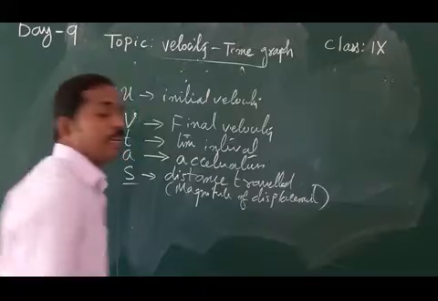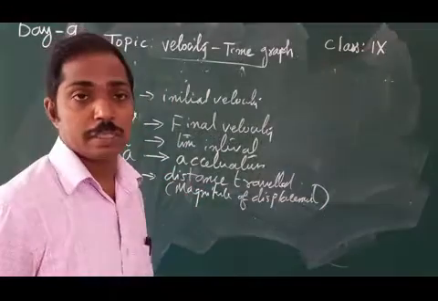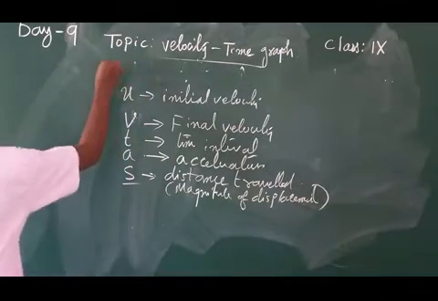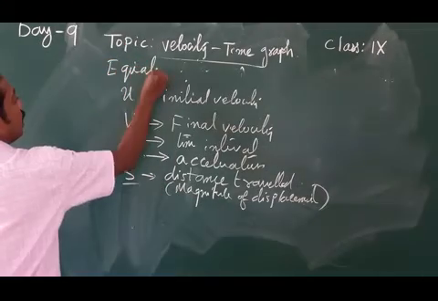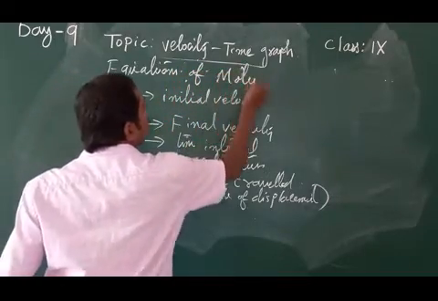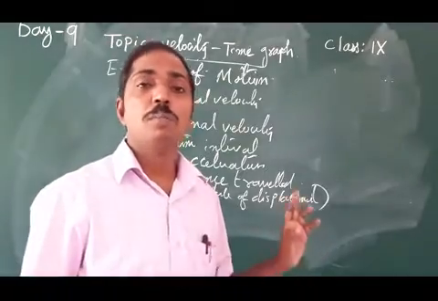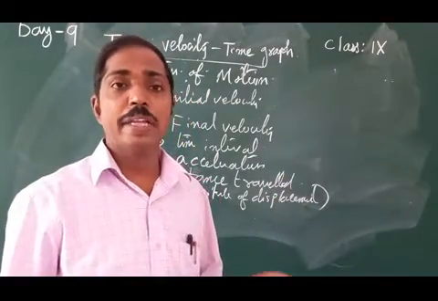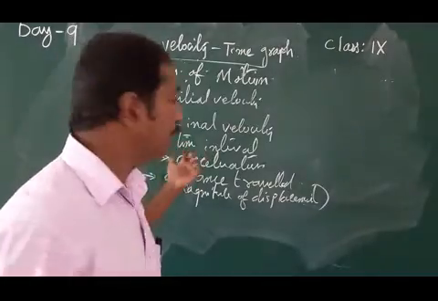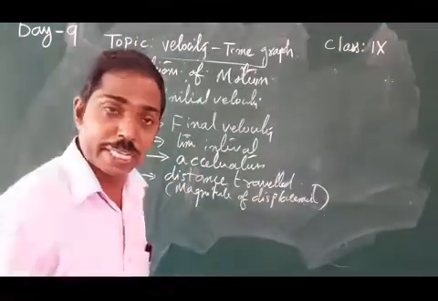We can have three equations connecting these data. These are known as equations of motion. When we consider an object moving in a straight line and velocity changes from u to v in a given interval, the body is said to have acceleration.